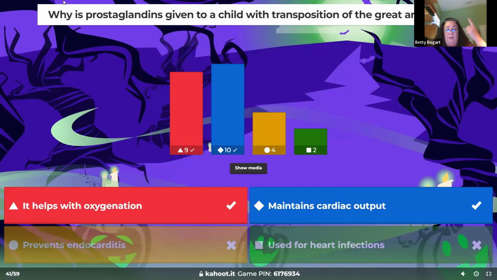Well, number one, it helps with oxygenation, but number two, it helps keep that cardiac output. Please, prostaglandins are not antibiotics. It has nothing to do with infections, nothing to do with endocarditis, okay? All it does, it keeps open that duct, which keeps oxygen and cardiac output going.